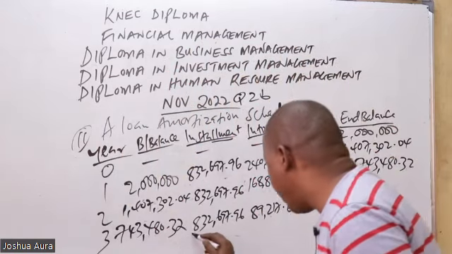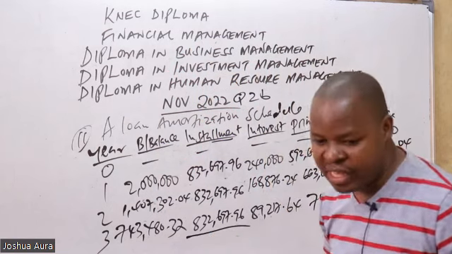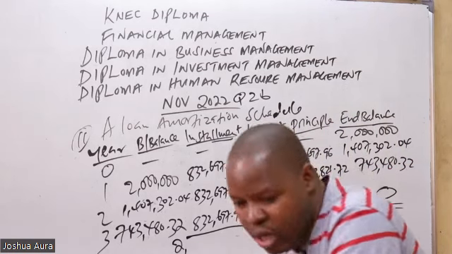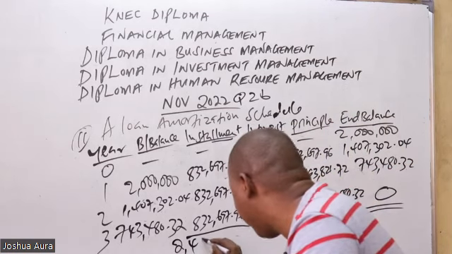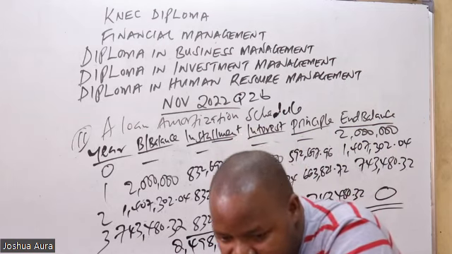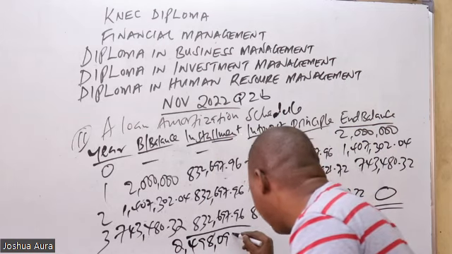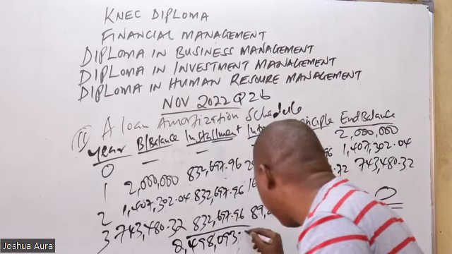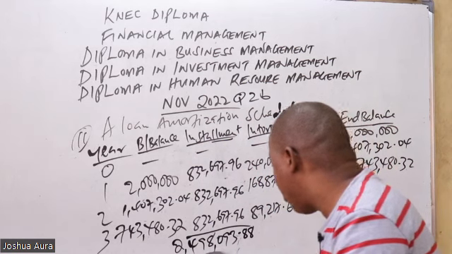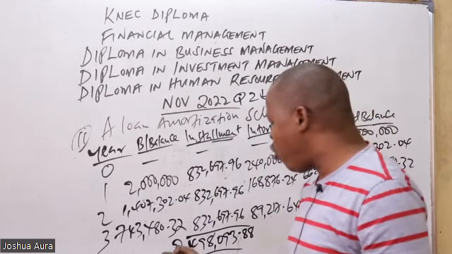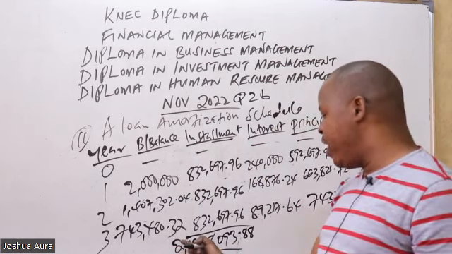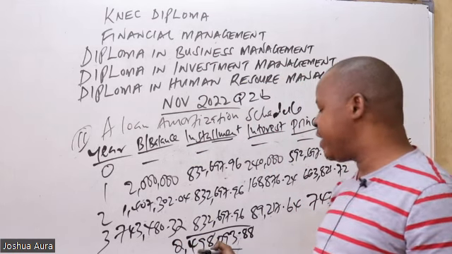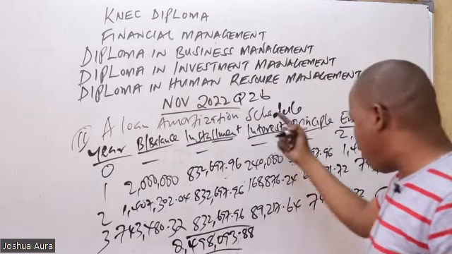When you add these installments, you'll get total installments of 2,498,093.88. So you borrowed 2 million, but you paid 2,498,093. Why? Because there's interest in this. So can we get the total interest?